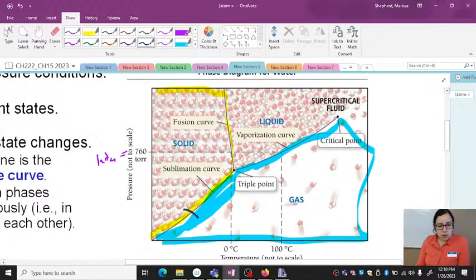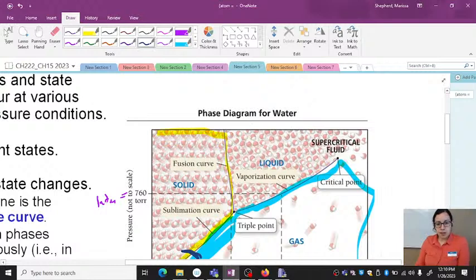You just want to note where your sublimation curve is. All this is showing is it's a solid on this side, it's a gas on this side. So crossing this is sublimation. Just note that. And then up here we have our fusion curve as it goes from a solid to a liquid.